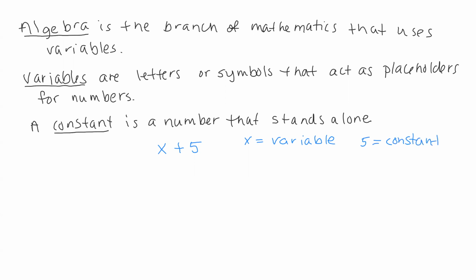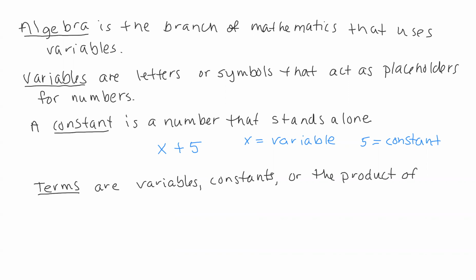Okay, now individually speaking, if we look at the x separate from the 5, we would consider the x and 5 terms. So terms in algebra are variables, constants, or the product of a variable and a constant.